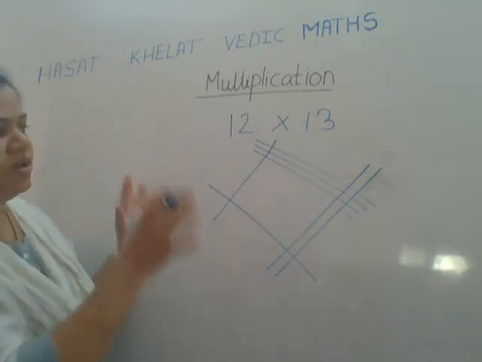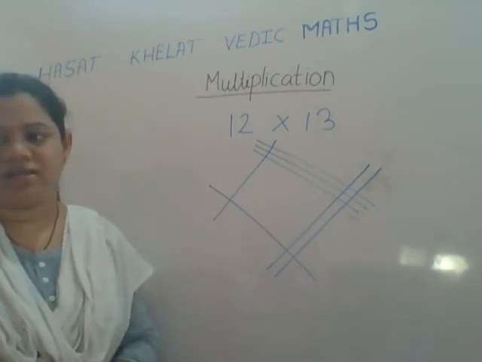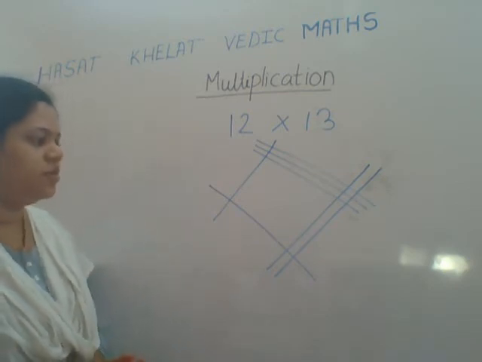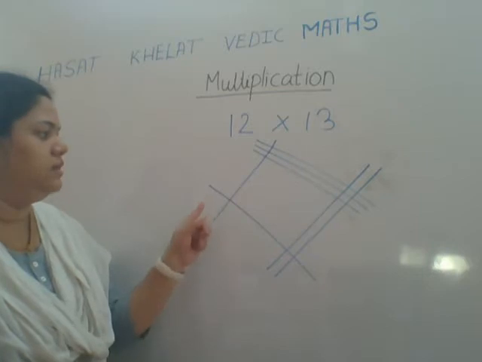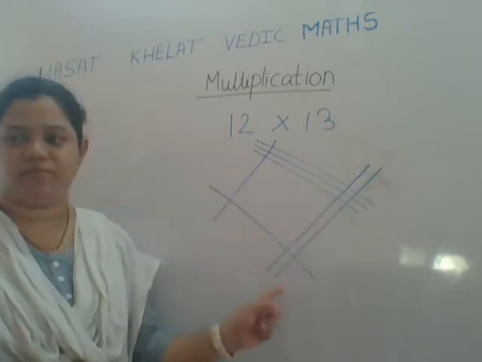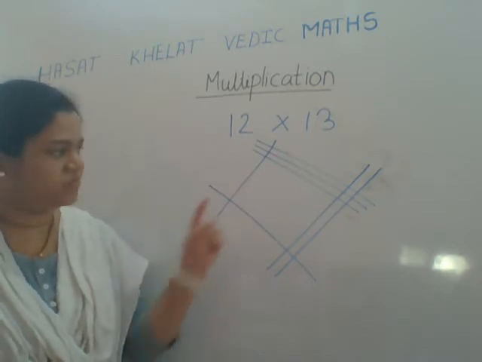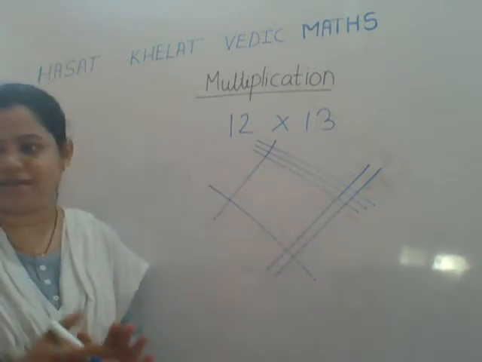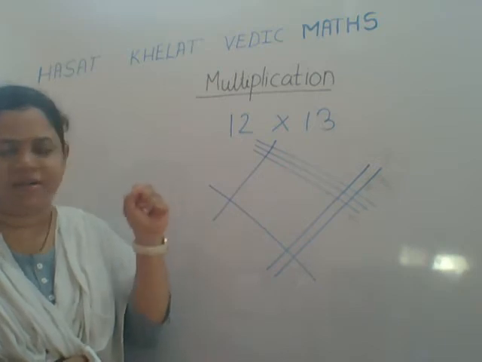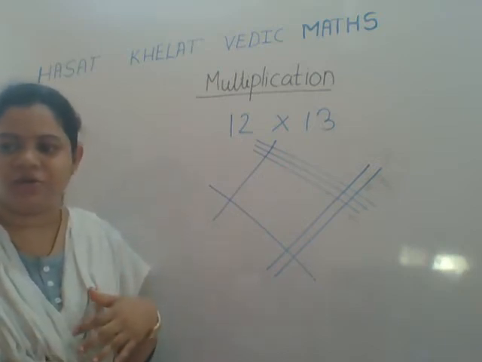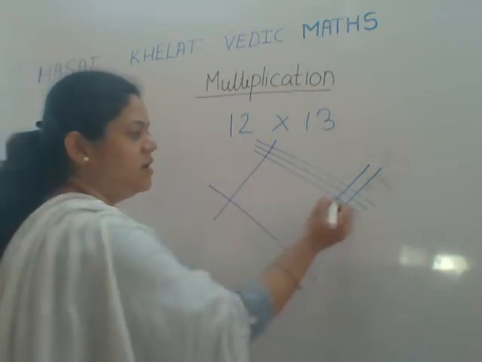Now from this drawing, how are we supposed to get our answer? If you can see, the lines are intersecting at points. There lies our answer. The lines where they are intersecting have the hidden numbers in them. Let's pull out those numbers.